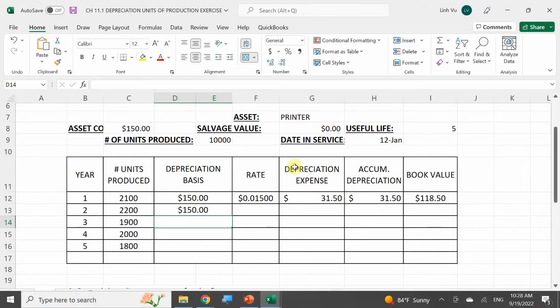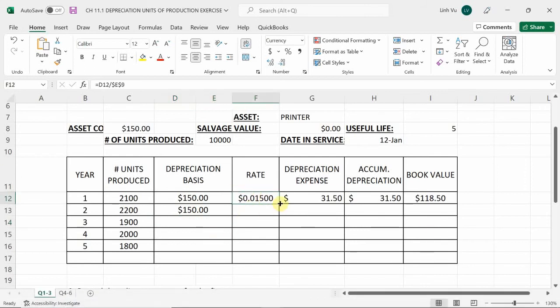What is my per unit rate? 10,000 is one of the numbers you're going to be using. I want to know how much it's going to cost me for every unit that I produce. It's still going to be 0.015.